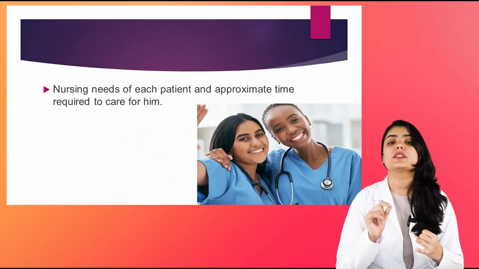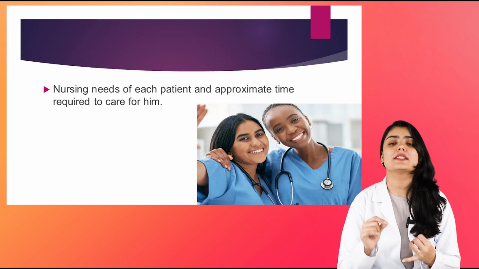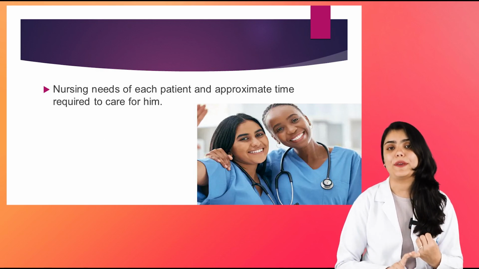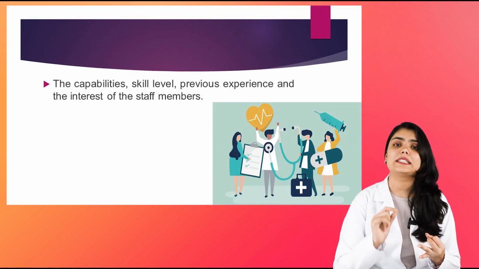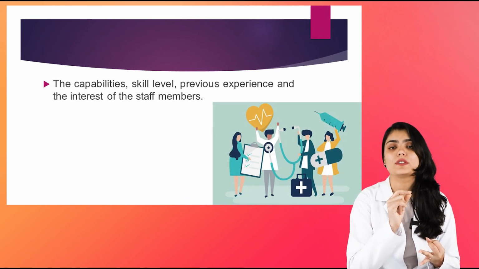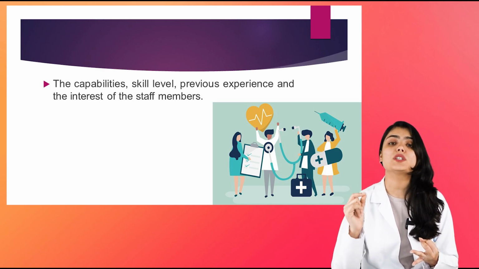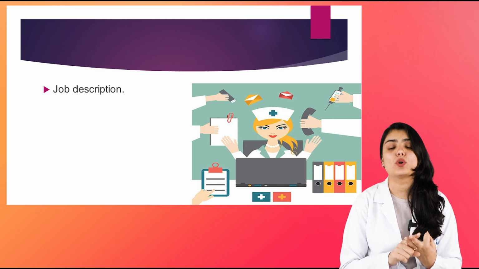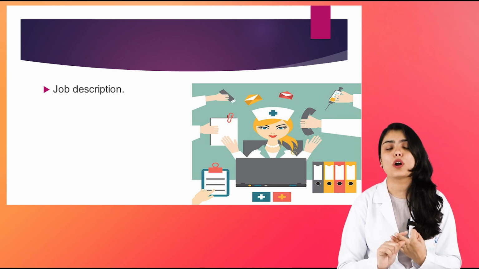The first one includes the nursing needs of the patient and the amount of time that the nurse has to invest to take care of the patient. The second one is the capability, skill, and expertise of each of the staff members working to meet those needs of the patient. And the third one is based on job descriptions.